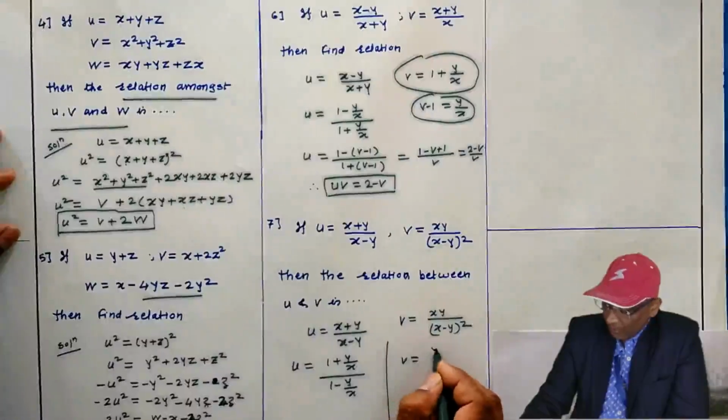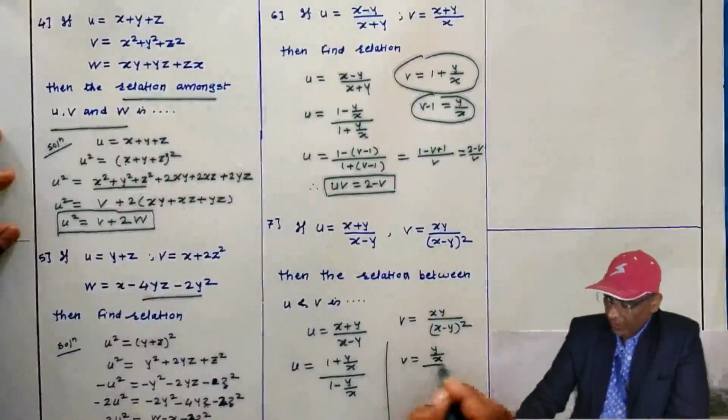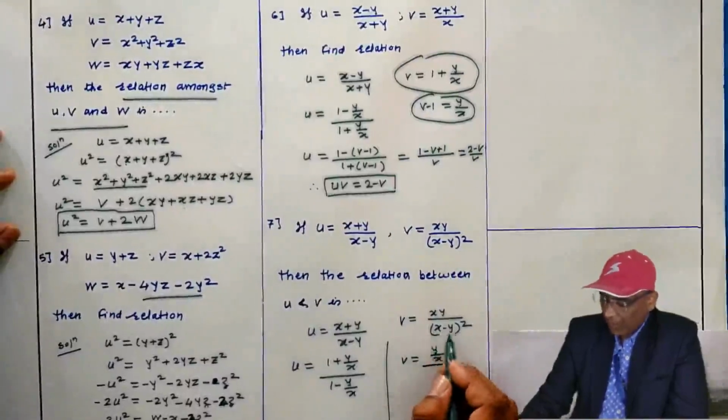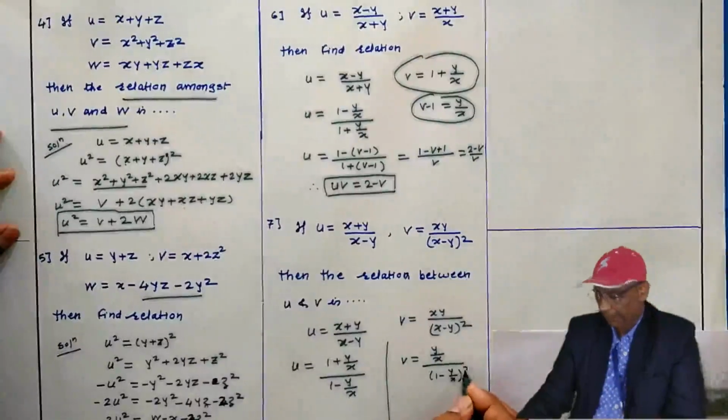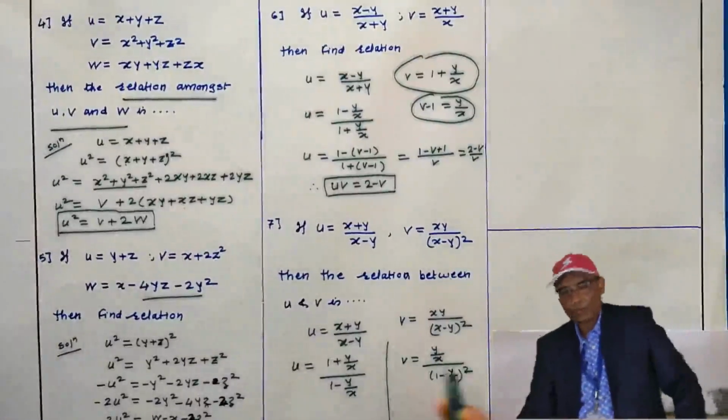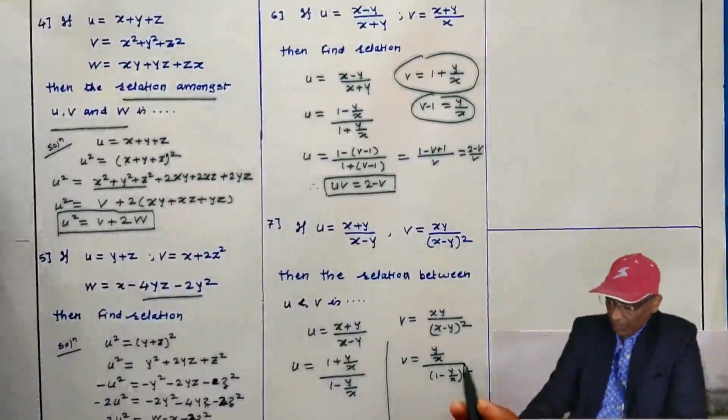If you divide this by x square, 1 minus y by x whole square. This right hand side of this two I have brought in terms of y by x.